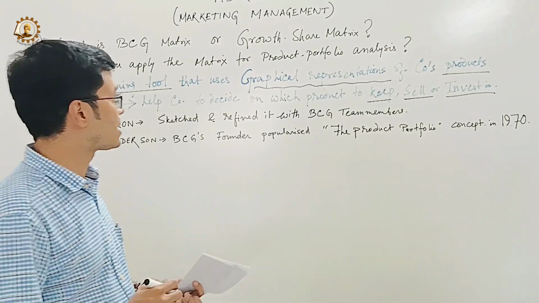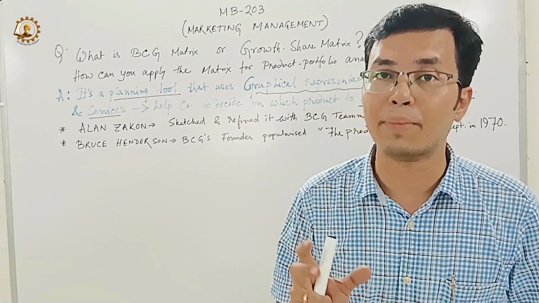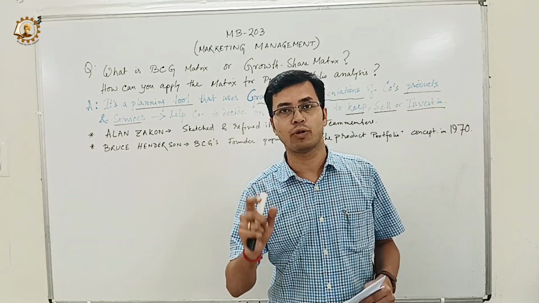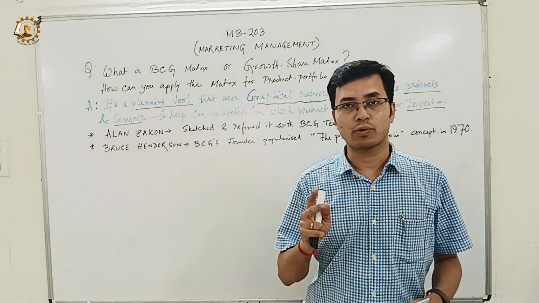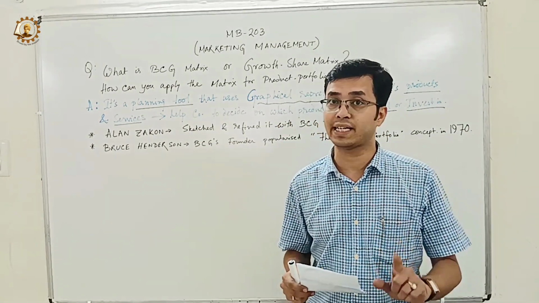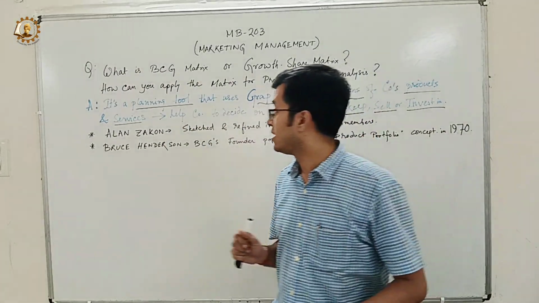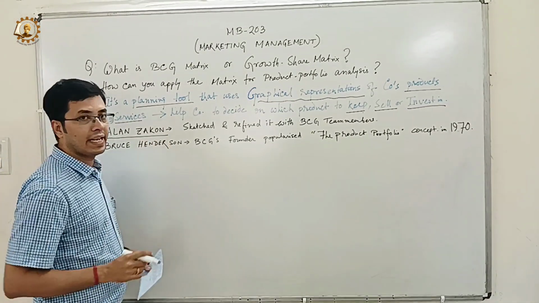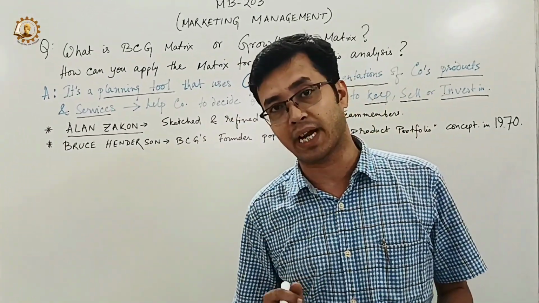Now we are going to discuss this, but before that we need to understand a little bit of history about BCG matrix. There is one trick question which comes, either as a multiple choice question or SAQ: who is the founder of BCG matrix? You have to be very careful while answering this question, because there are two persons who have contributed to BCG. Number one is Mr. Alan Jacob. He ideally sketched and refined the concept of the BCG matrix.